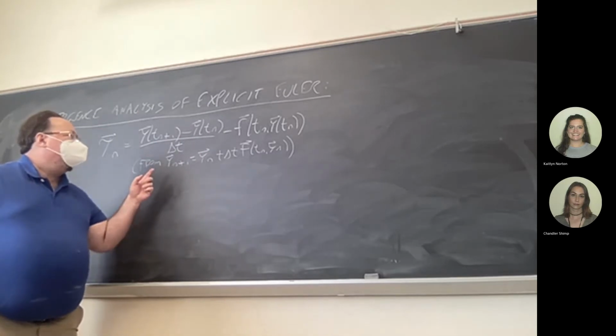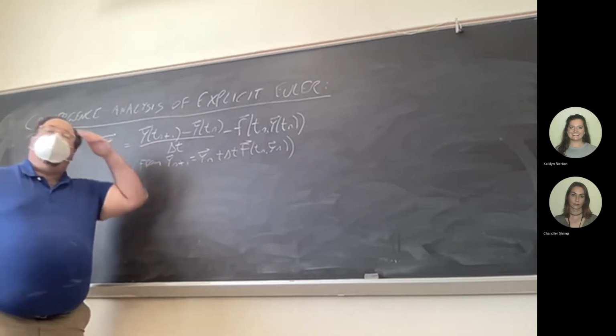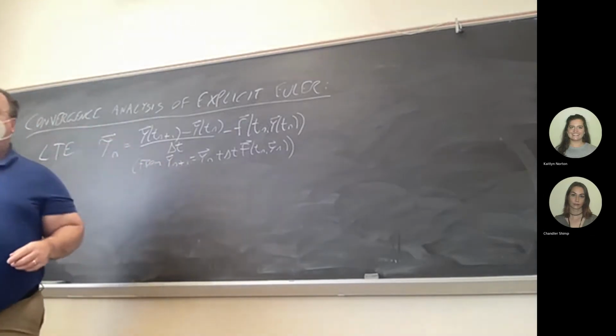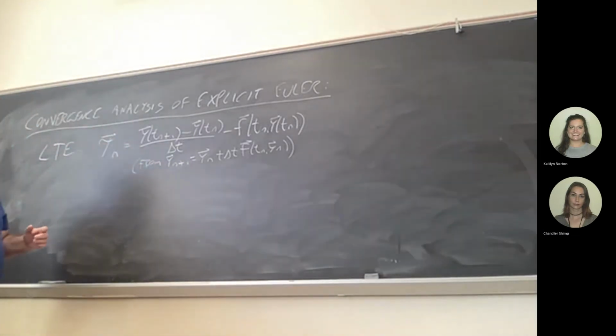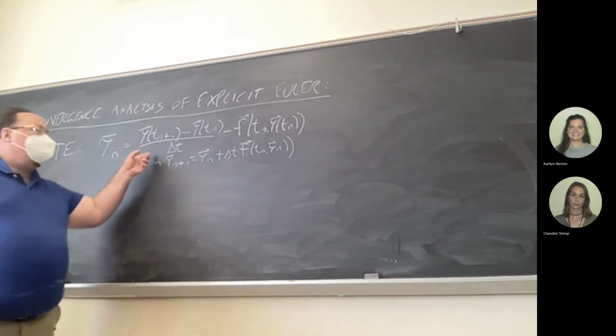The other thing is you divide by delta t. That's very important, and it's a convention to define local truncation error this way.